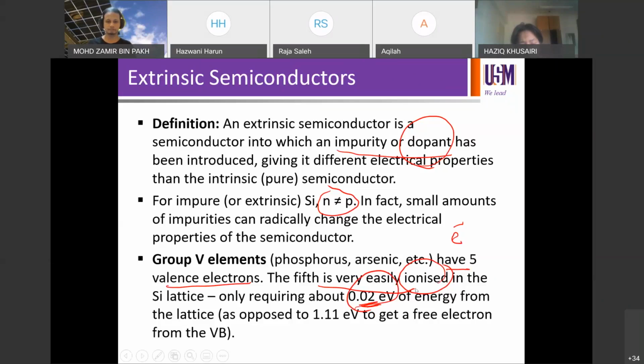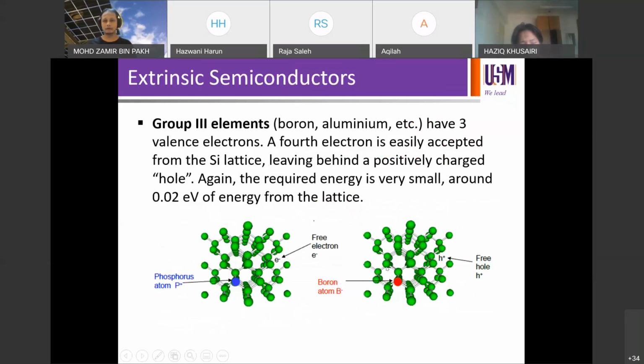On the other hand, if you want to make your silicon more p-type, more positively charged, you need to add dopants from group 3, like boron, for example, which has 3 valence electrons. And remember, silicon has 4. So now we are short of 1 electron.